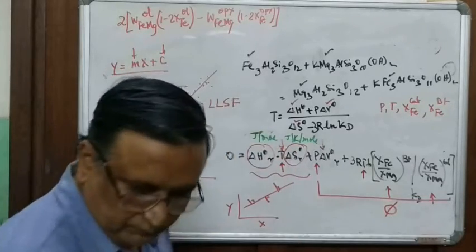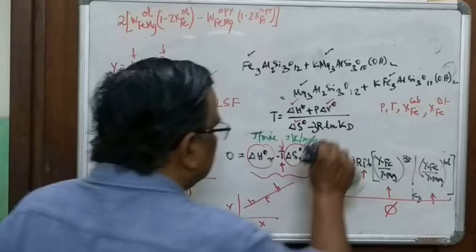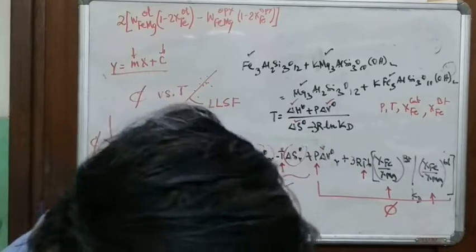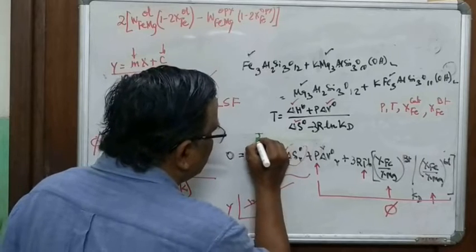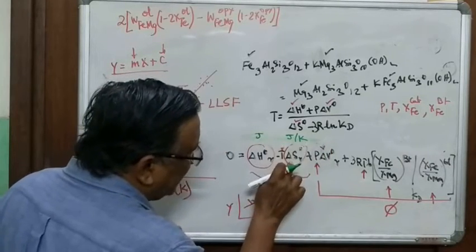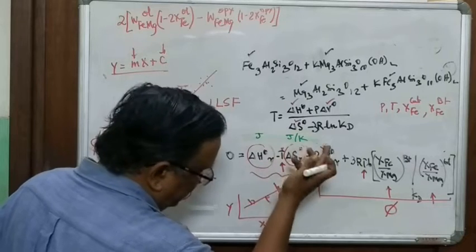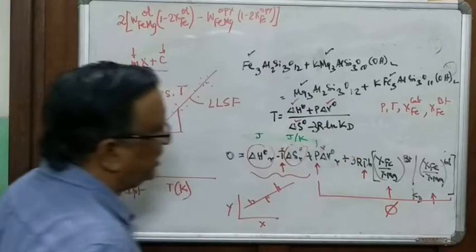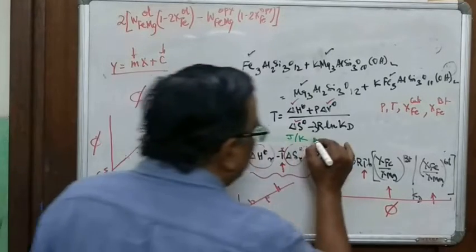This should be in joules. This should be in joules per Kelvin. So, joules per Kelvin into temperature, which is in Kelvin, should give you joules. Now, this pressure term and this volume term.